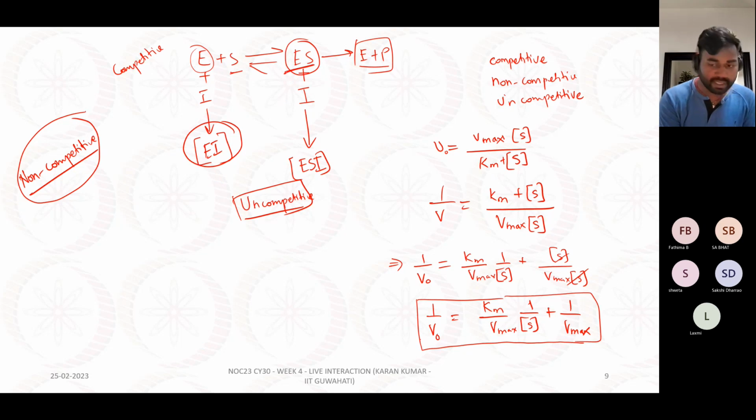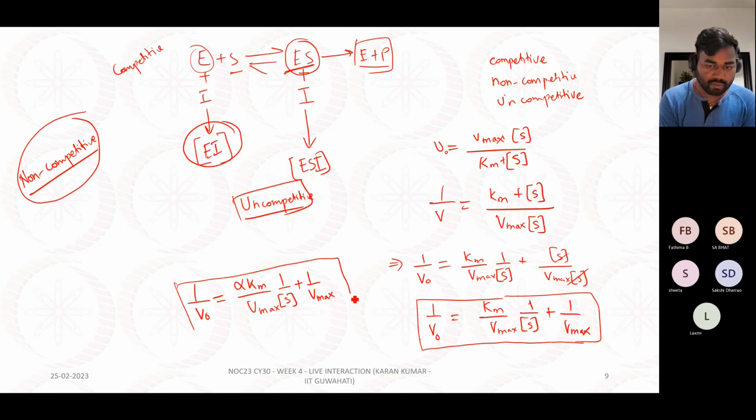Thereby your equation will become 1 by V naught is equal to alpha Km by Vmax by S plus 1 by Vmax. This is the equation of competitive inhibitor.